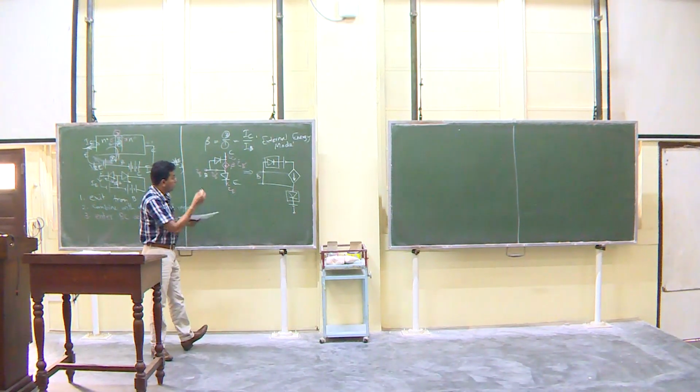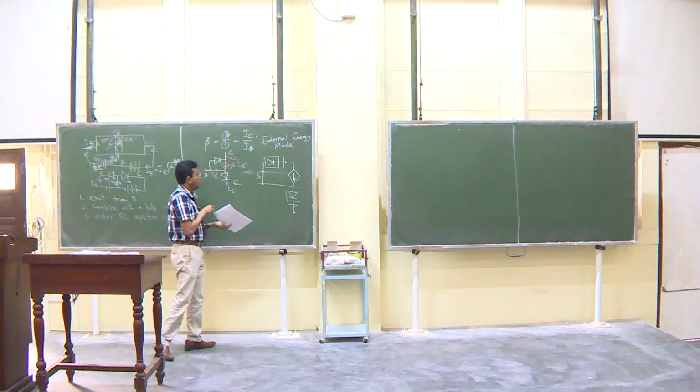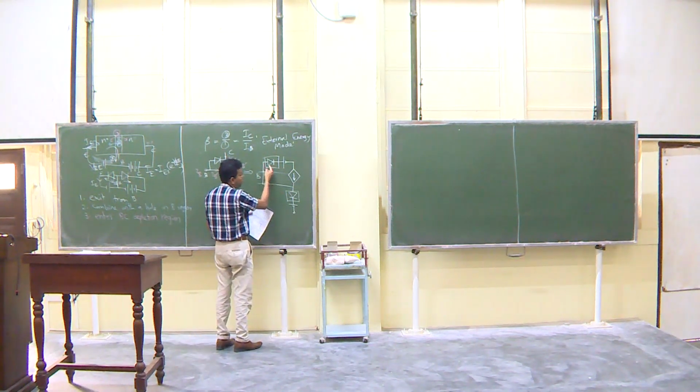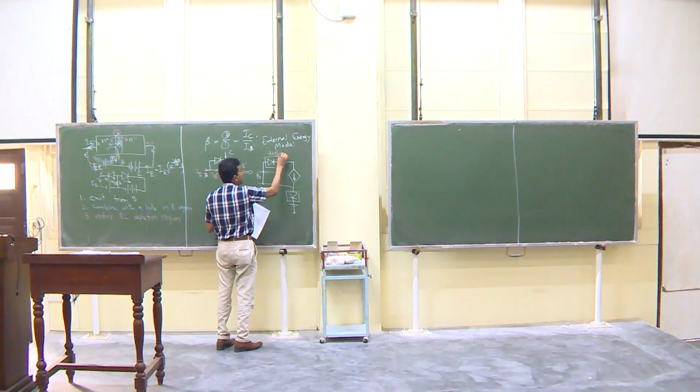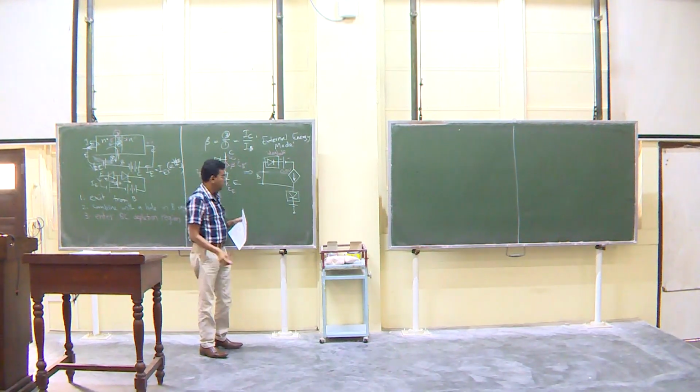Okay. So, this is our new model where this is an on off, this is an ideal diode, and this voltage when there is a current is 0.5 volts for silicon diodes.